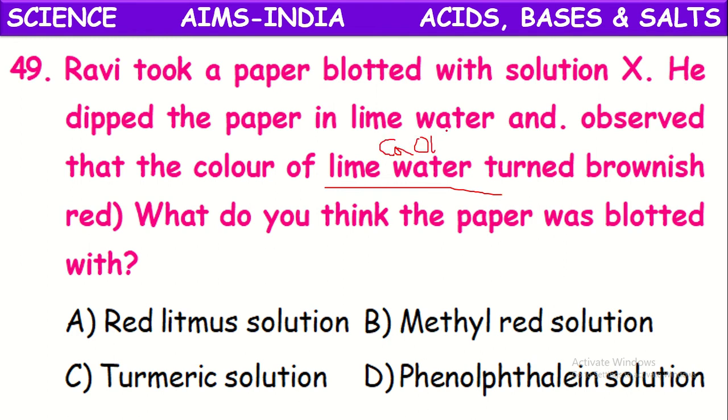That is a basic solution. So the indicator which turned brownish red with the base will generally be turmeric. Turmeric changes to dark red or brownish red color in the presence of bases like lime water. Okay, that is the correct answer.